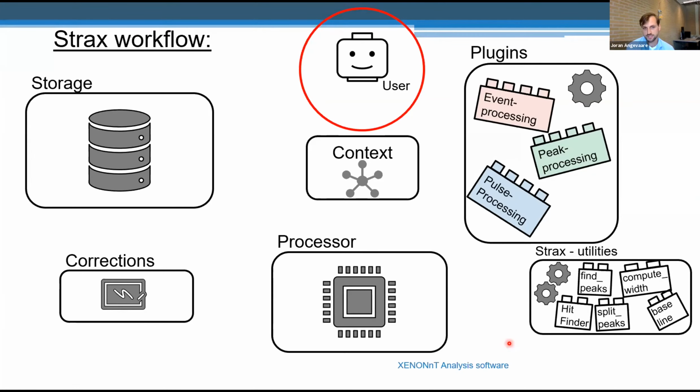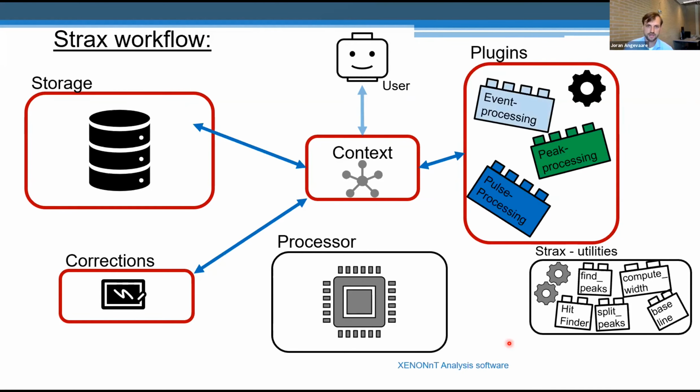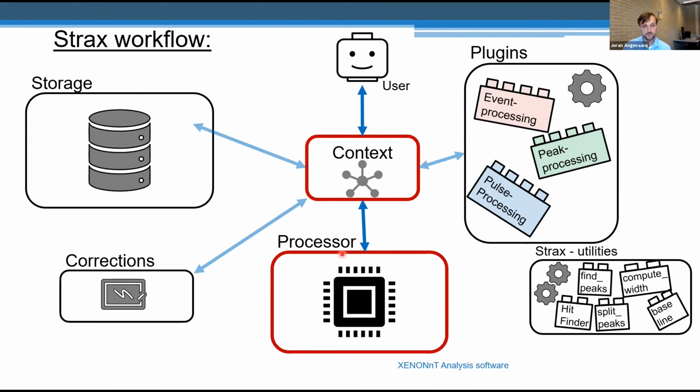So when a user asks the context for some given data, the context will first compute, all right, so with this data you're asking for, how does it work together with all these plugins and options? Do I actually have the data stored already? If so, it will return it, but if not, it will just go all the way down in the data chain to find where it first finds some data, like the lowest level data, that is consistent with what the user asked for.